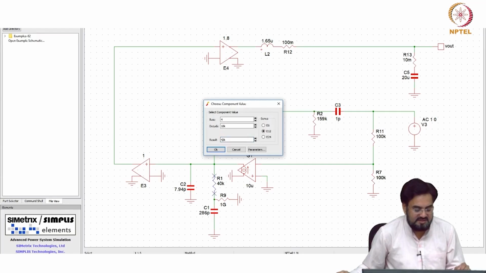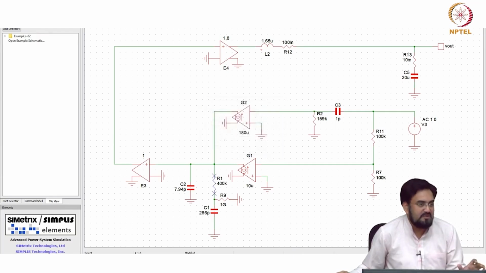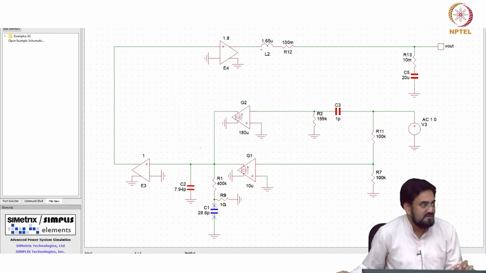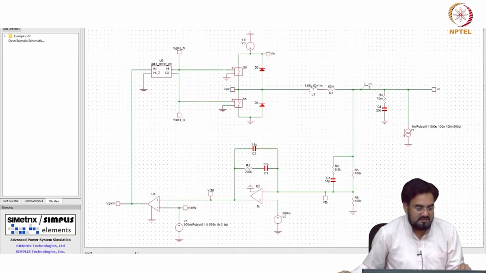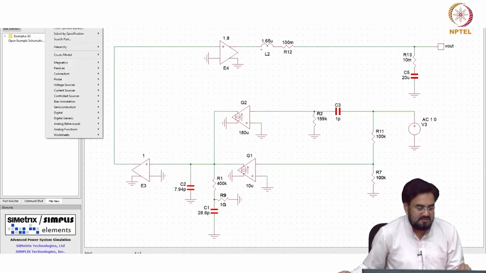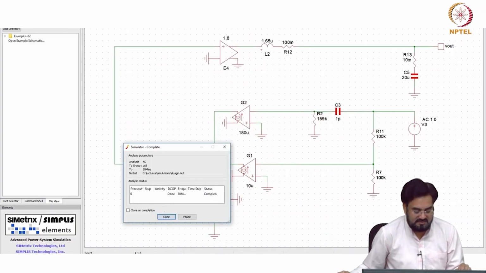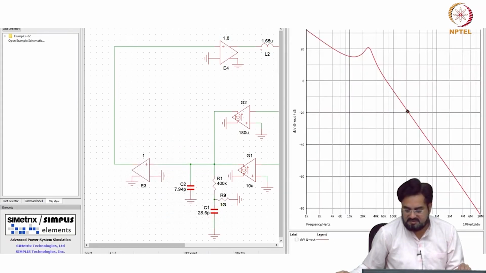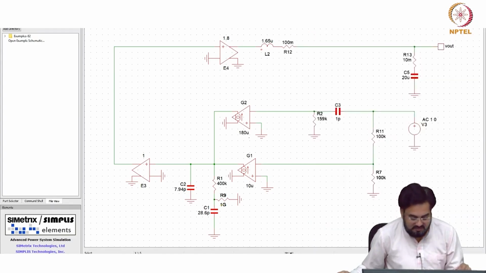First you need to change this, the GMR product should be the same, and this will be reduced to 28.6. So it should not change my loop gain response. You will still get it at, where is that 0 dB? What happened? 180 micro, 10 micro.